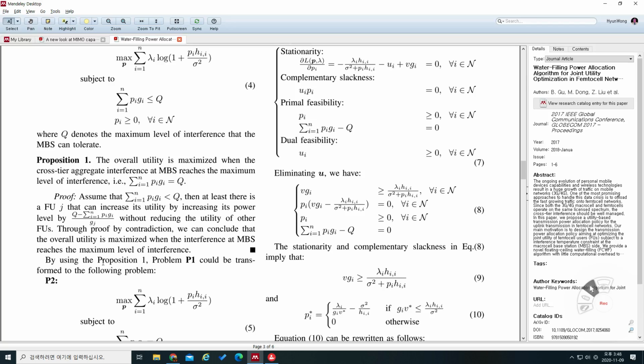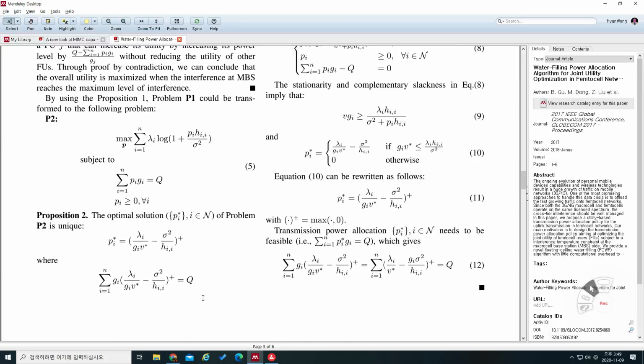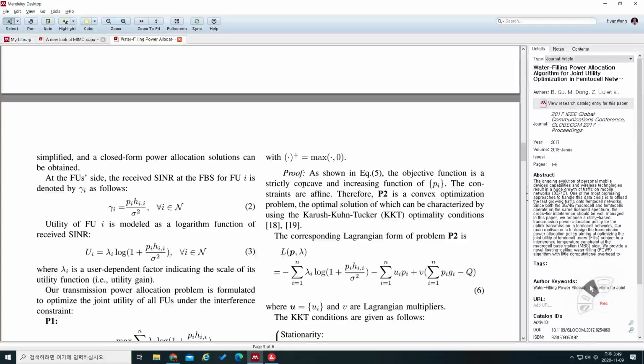By using Proposition 1, problem P1 can be transformed into the following problem P2: maximize the sum of lambda_i log(1 plus p_i h_i over sigma squared), subject to the sum of p_i g_i equal to Q. The optimal solution p_i star of problem P2 is unique, as shown in the proof.